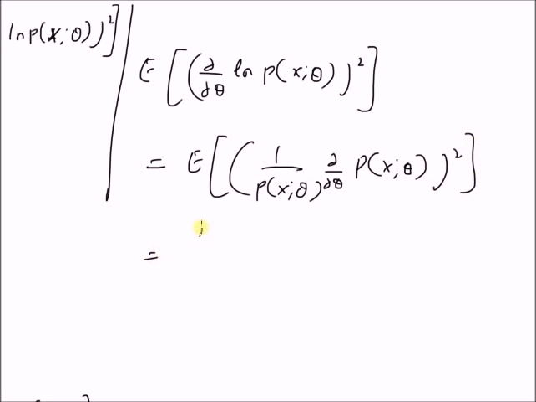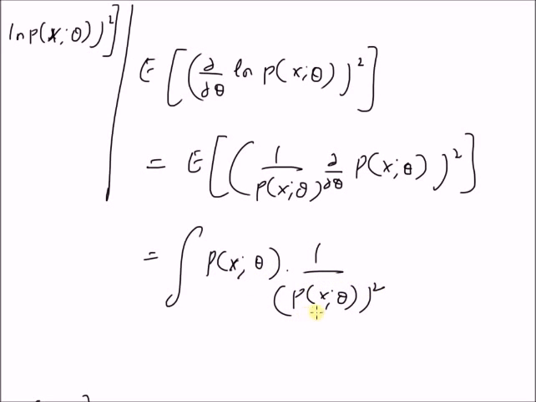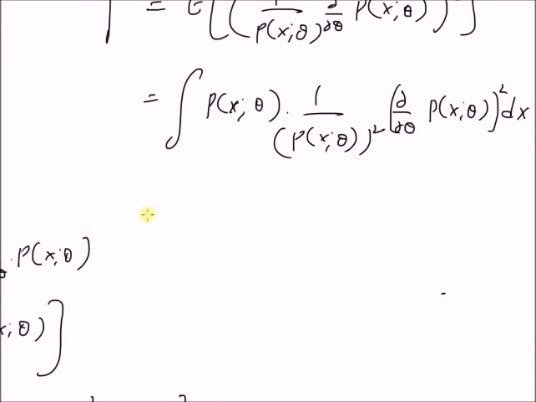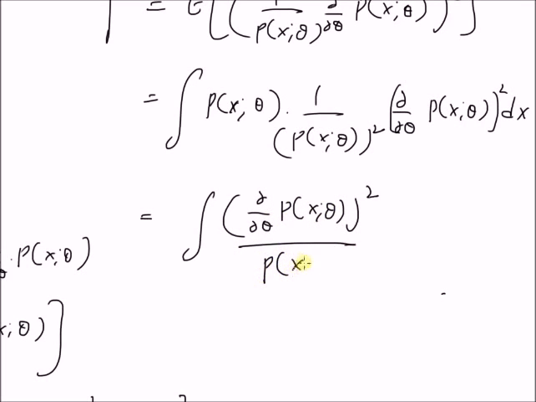By definition, this is equal to the integral of the probability distribution of x with the parameter theta, multiplied by 1 by the square of the probability distribution, multiplied by the first derivative of the probability distribution whole square, dx. Clearly, this is equal to the integral of the square of the first derivative with respect to theta of the probability distribution, divided by the probability distribution, and the integration is with respect to x. So this is expression 2.